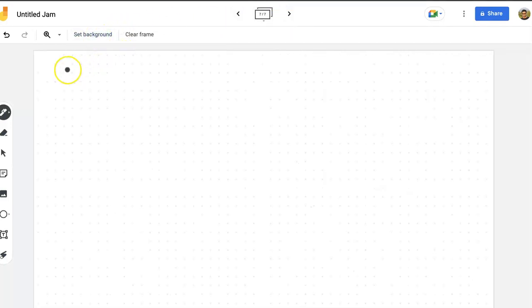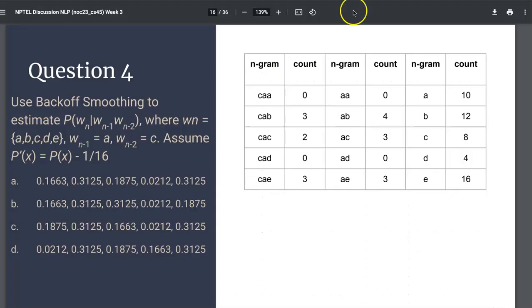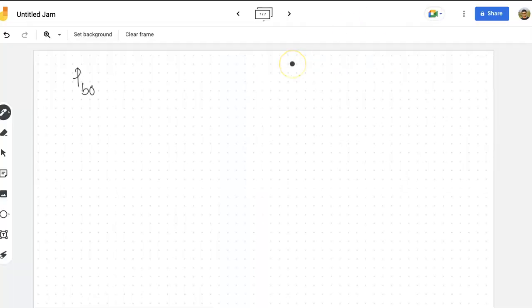So let's write it here. P back-off, just write the formula as it is. P back-off of Wn given Wn minus 2, Wn minus 1.